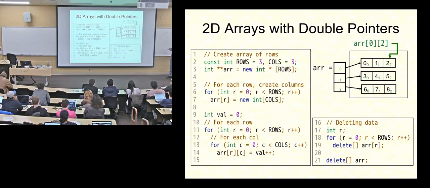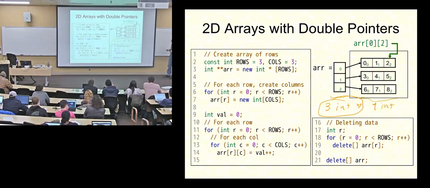It's still got 9 integers, and it's got 3 int pointers. So the pointer version takes a little bit more memory because we've got to have the pointer to each row. Now either one of them will have a pointer to the whole thing. The array version has an array variable which points to the whole thing. Here I have ARR which points to the whole thing. But this one has 3 integer pointers, or whatever the number of rows is, that many extra pointers.